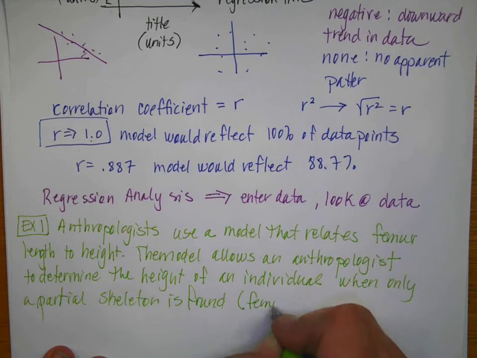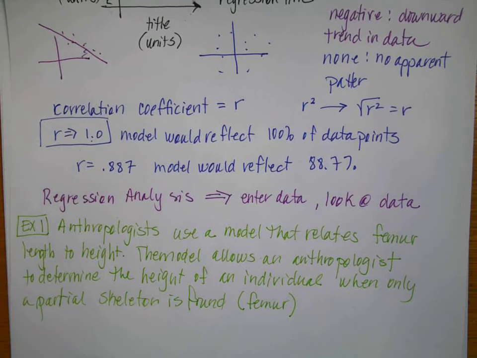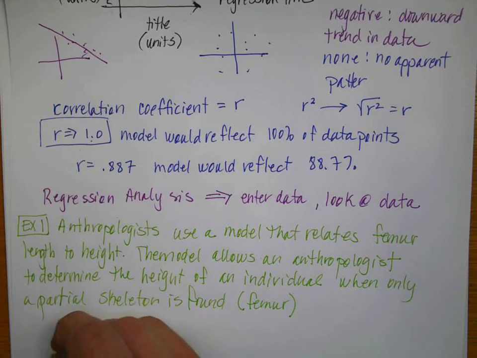And that partial skeleton has to include the femur. So anthropologists, though they are not mathematicians, can use math to help them predict how tall a person was.